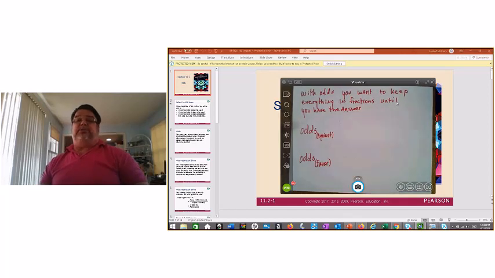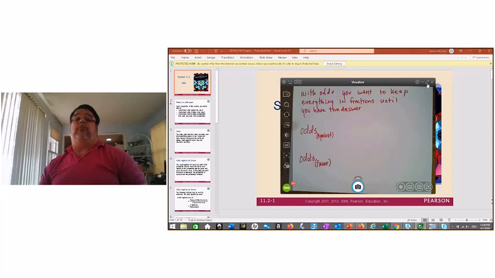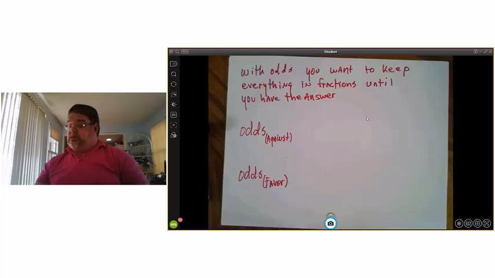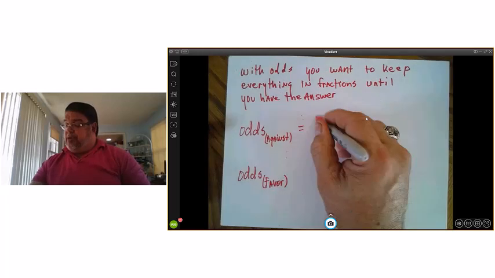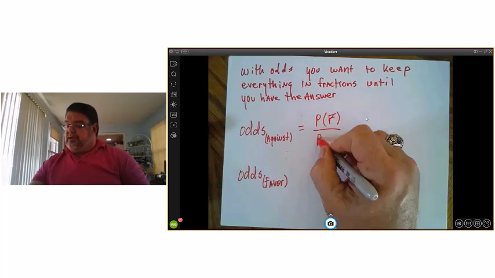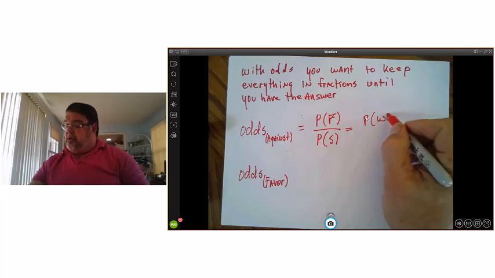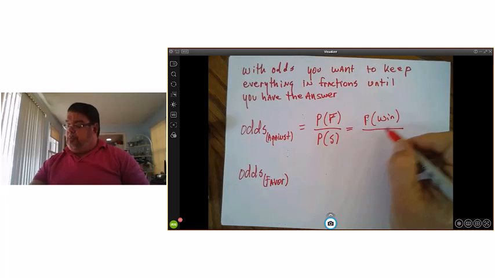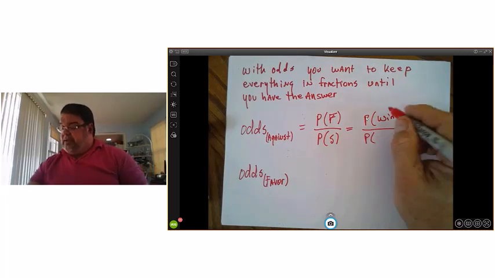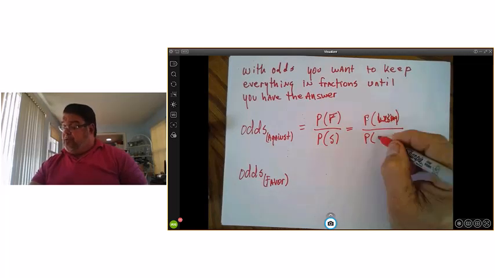Odds against is equal to the probability of failure over the probability of success, or the probability of losing over the probability of winning.